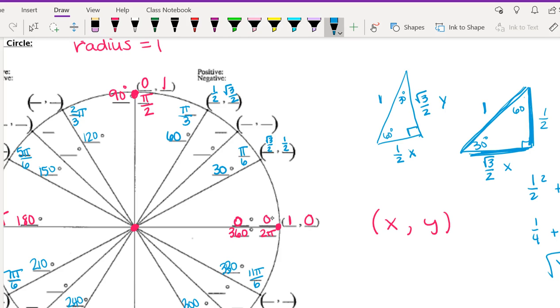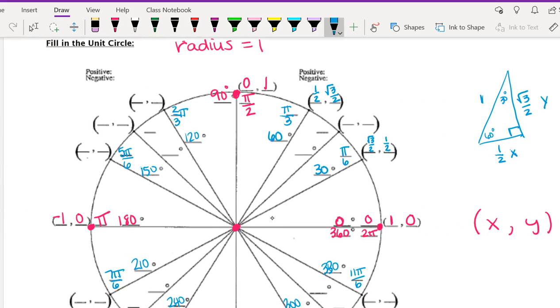Okay, so when I get over into quadrant 2, notice how this point and this point, they're the exact same height. They're also the same distance from the origin. The x distance is the same because we could essentially create a reciprocal triangle. So if I draw in a reflected triangle, here's my triangle.